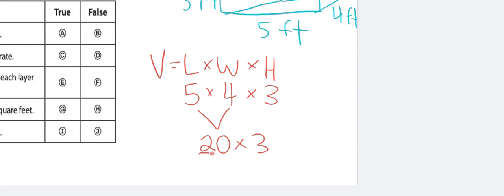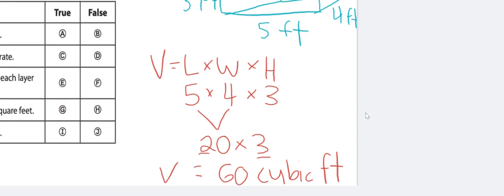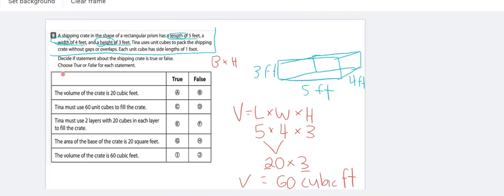Or I could do 2 times 3, which I know is 6, and then add my 0. So I know the volume is 60 cubic feet. This is my volume of the entire prism. So I know that 60 cubes could fit inside of this entire prism.